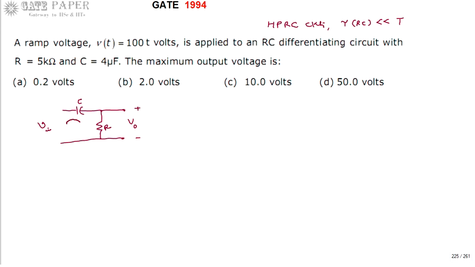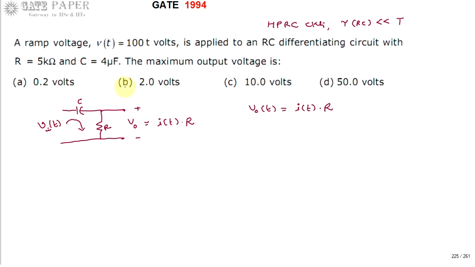So assume that there is a current flowing through this circuit, and V0 can be written as I of t into R, because input is going to be a time varying signal. So V0 of t is equal to I of t into R, and I of t is nothing but the current flowing through the capacitor, and the same current is flowing through the resistor.